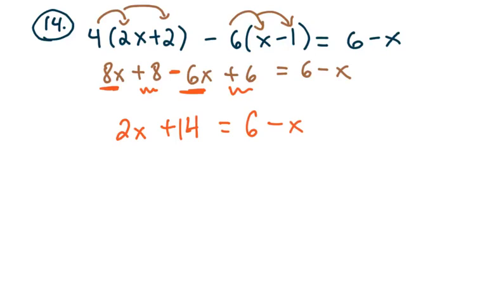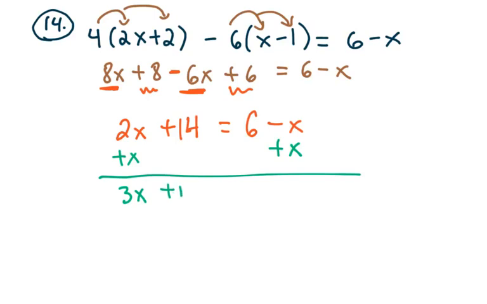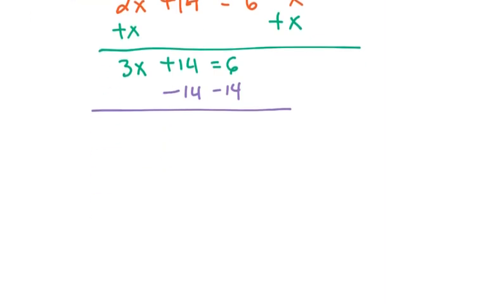And again, I'm going to put my x's together first. So I'm going to add x to both sides because I like to always try to keep my x positive. And then to finish it off, I'm going to subtract 14. So now I'm going to put my numbers together, and I get 3x equals negative 8.